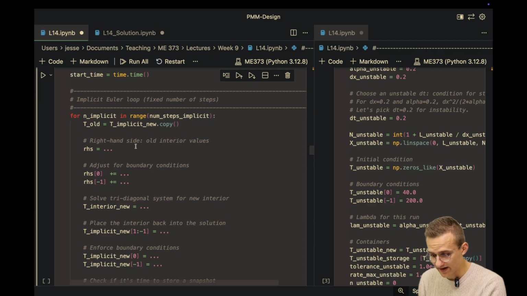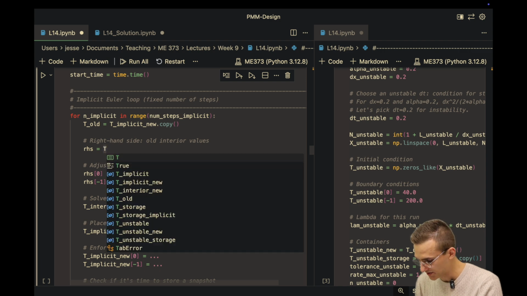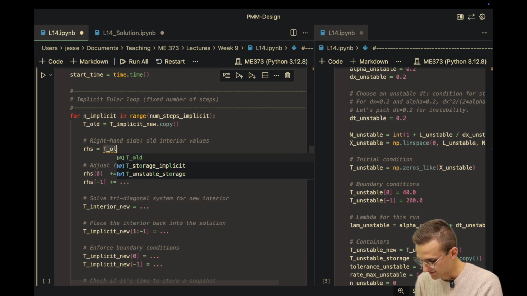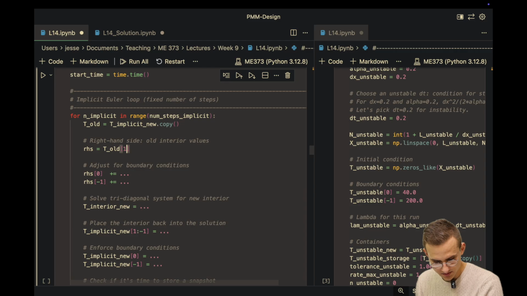So the right-hand side is just the interior values of the last time step, t old. So we'll do t old from 1 to -1, right? And then we're also going to do a copy here so that we don't end up doing any sort of weird in-place editing. Okay?